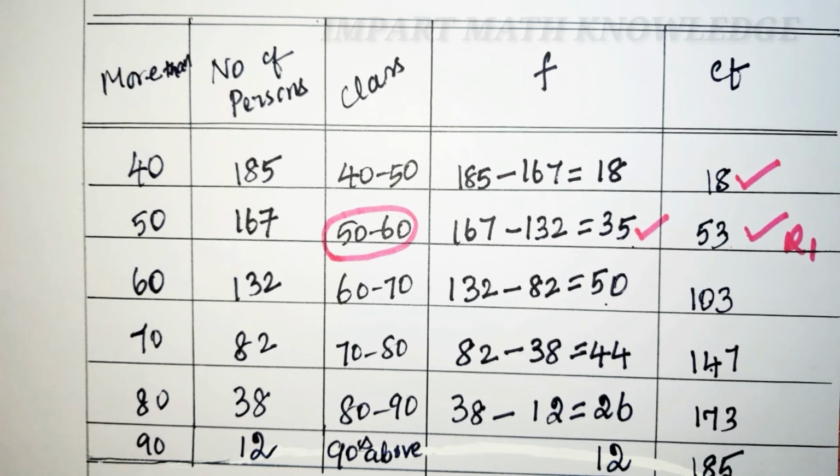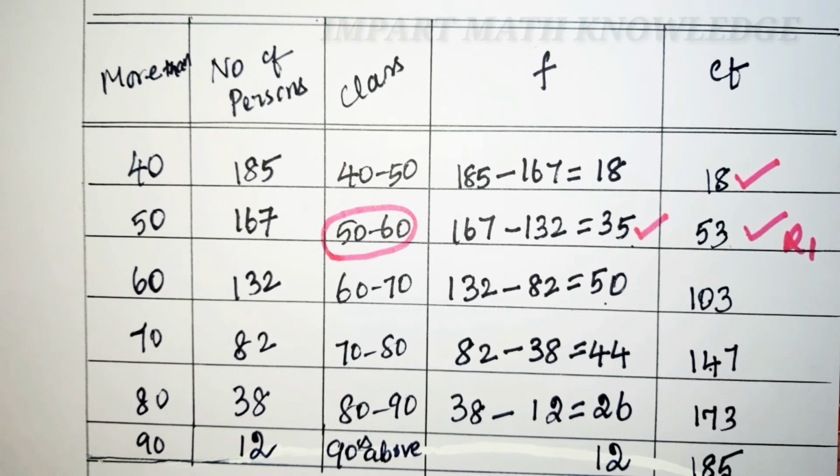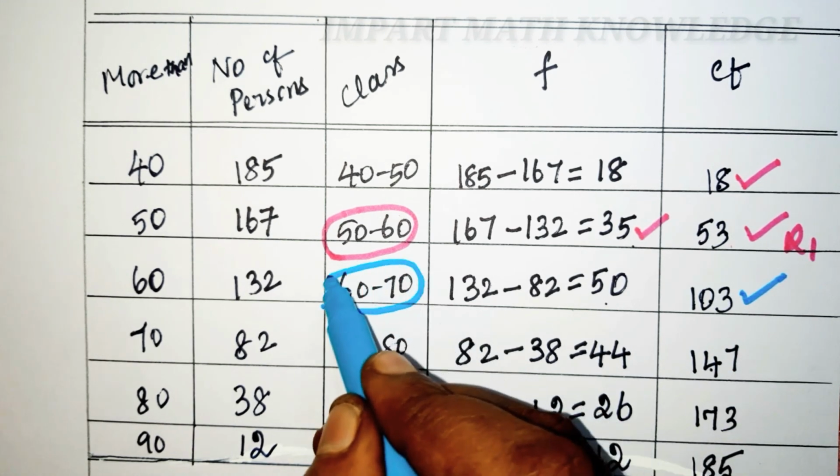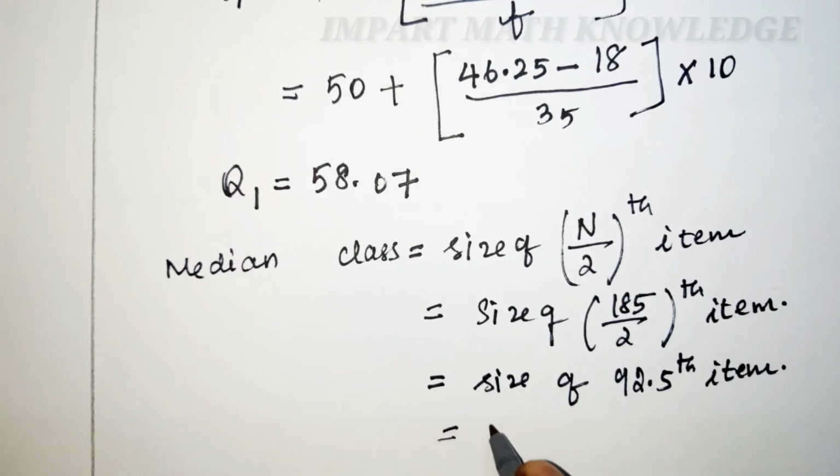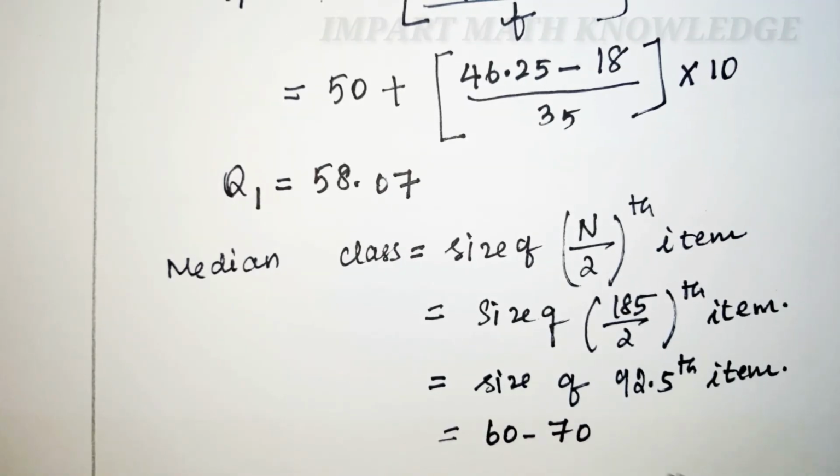In the cumulative frequency, 92.5 comes under this category. So the corresponding class interval is the median class. Median class is equal to 60 to 70.